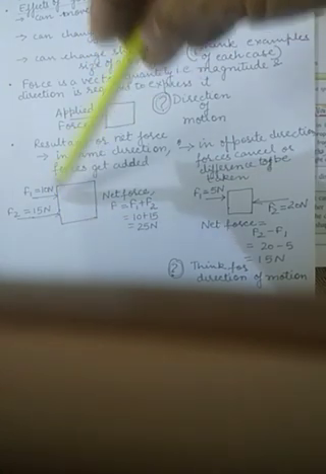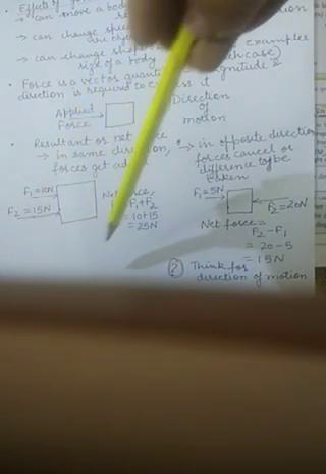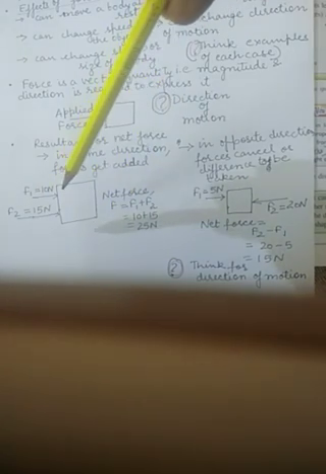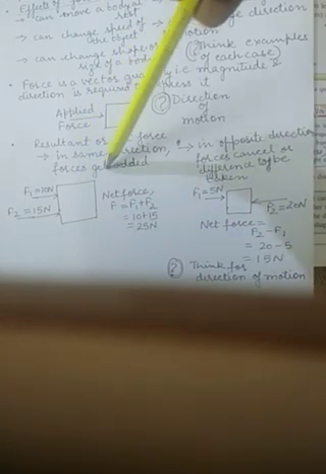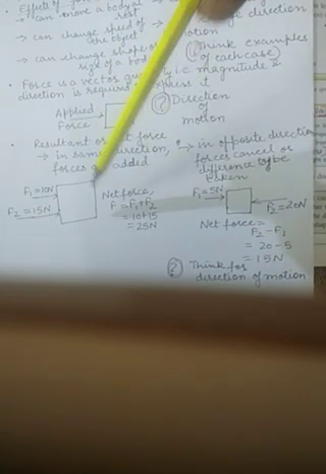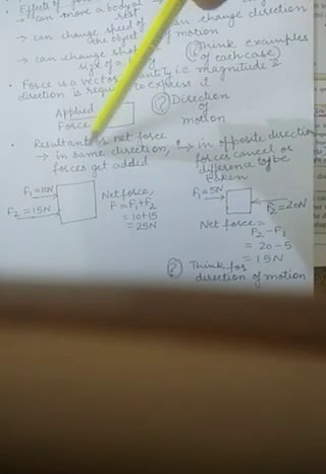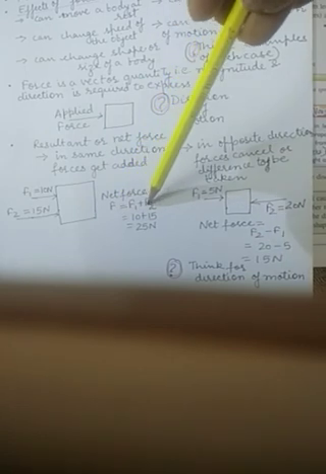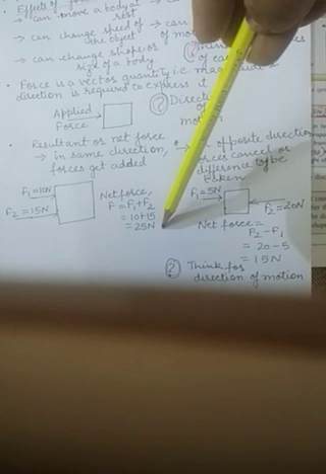Both are acting in the same direction. Whenever certain forces are acting in the same direction, what happens? Those forces get added. That added force is the net force, which is also called the resultant force. So here the net force will be F1 plus F2 equals 10 plus 15 equals 25.